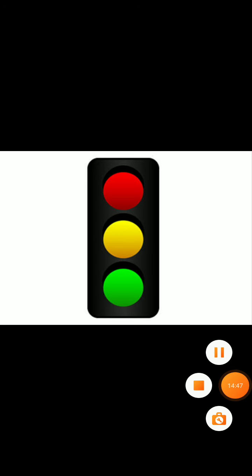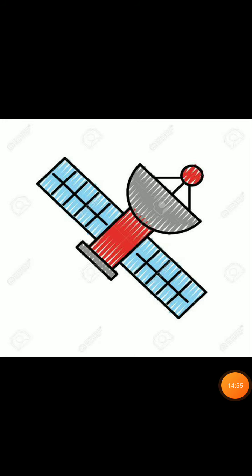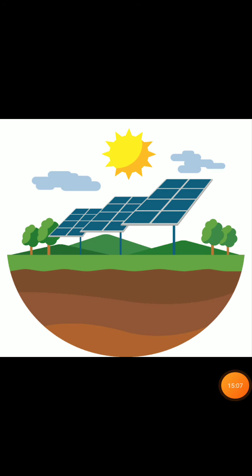Solar cells are also used in traffic signals, also in calculators, artificial satellites, and space probes like Mars orbiters use solar cells as the main source of energy. Solar cells are also used for making some toys in which solar cells are fitted. So, this is all about solar cells.